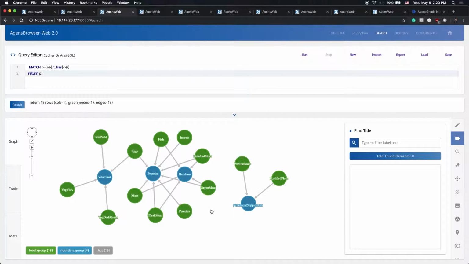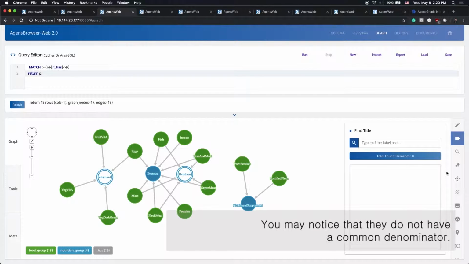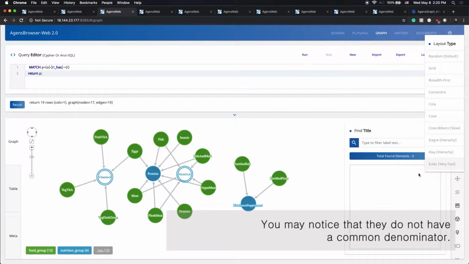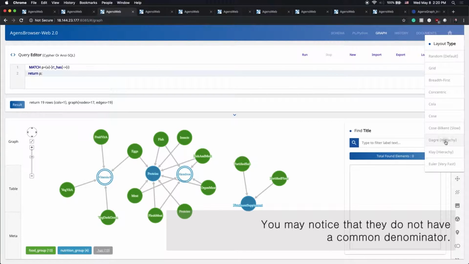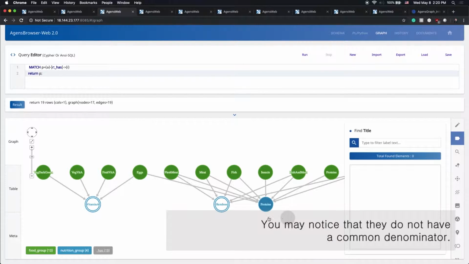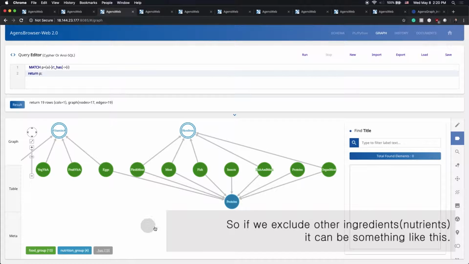In the beginning, as I mentioned, our focus is vitamin A and heme iron. You may notice that they do not have any common denominator, right?